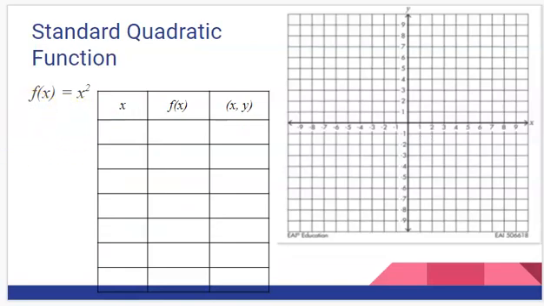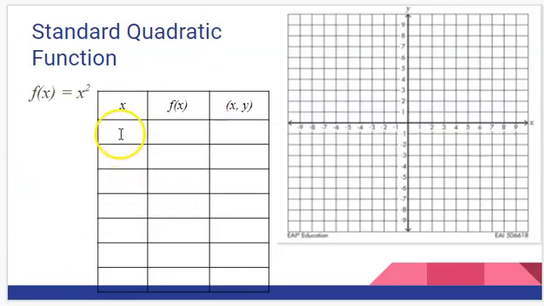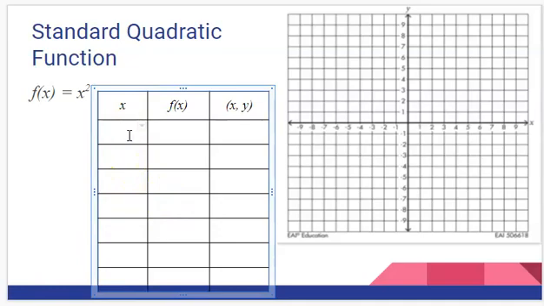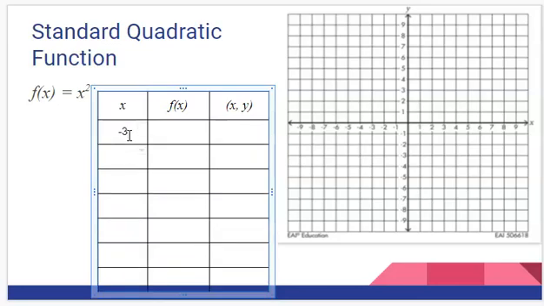Which is our standard quadratic function, x squared. Most of you are familiar with seeing x squared in Algebra 2. So again, we are going to start out with negative values. I'm just going to write the values I had from before: -3, -2, -1, 0, 1, 2, 3.